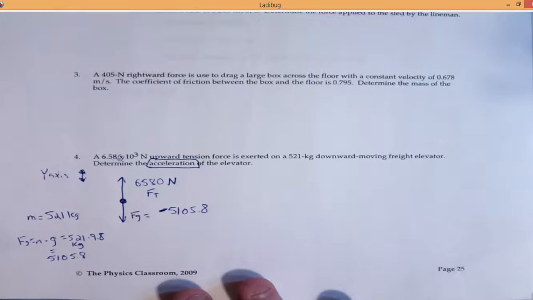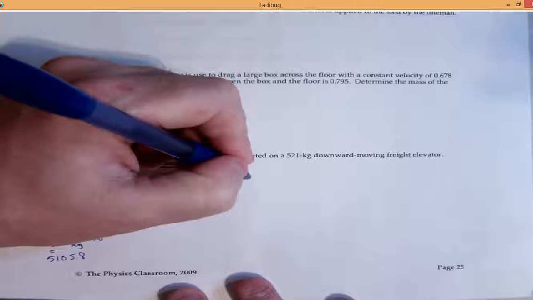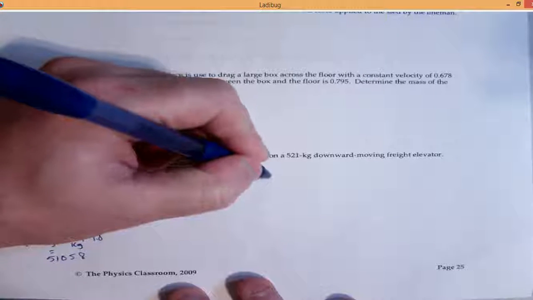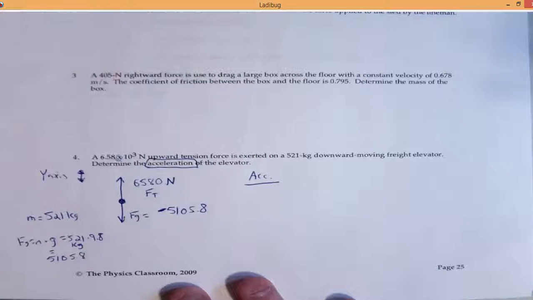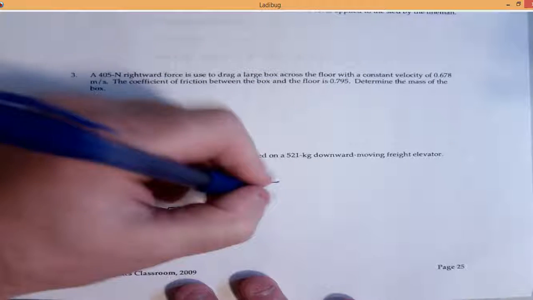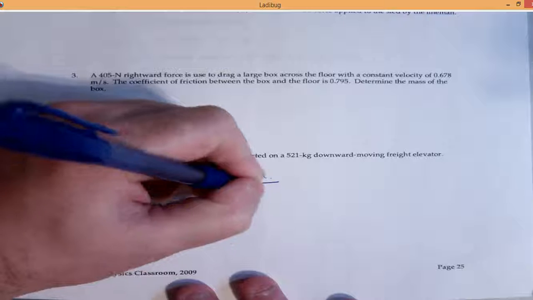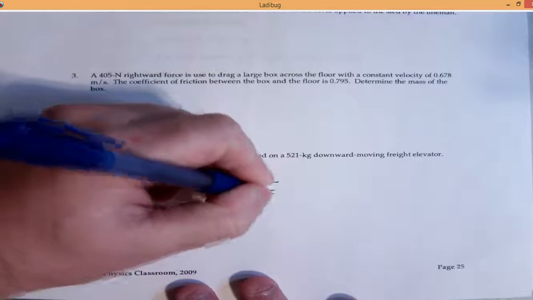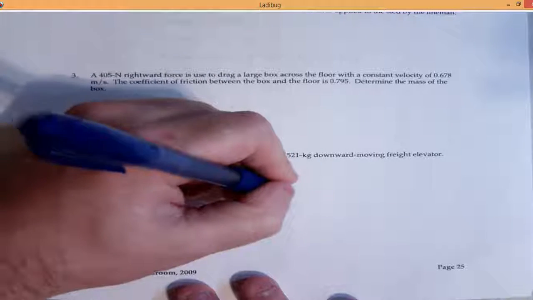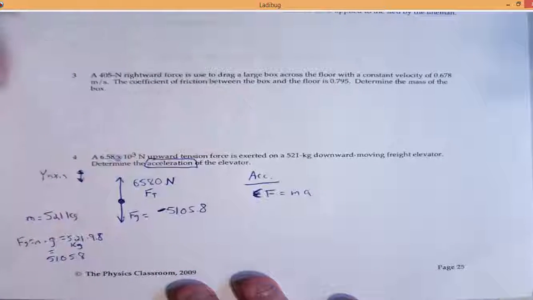Okay, so let's talk about what we need, which is acceleration. So we know the overall force, this is our weird little backwards looking E symbol for overall force, the net force equals mass times acceleration.